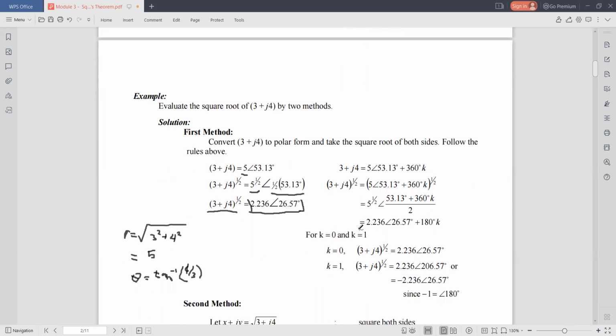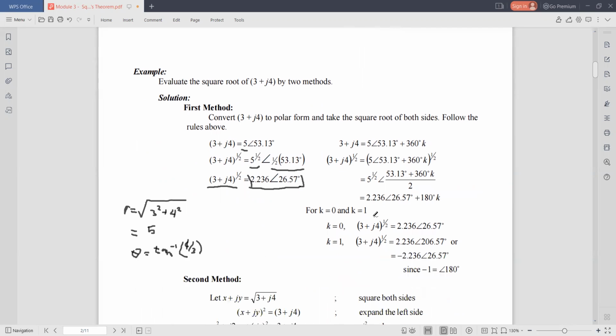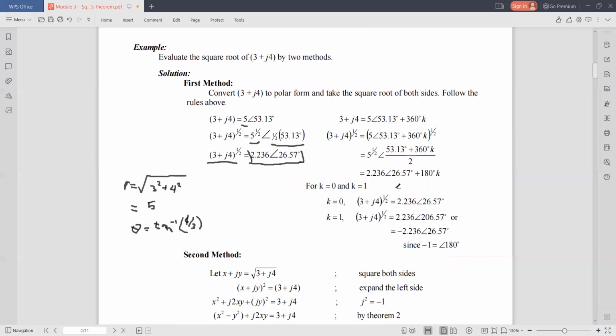We will explain it later when it comes to the nth root of a complex number, why there is k equals 0, k equals 1, and why we add or subtract another angle here.